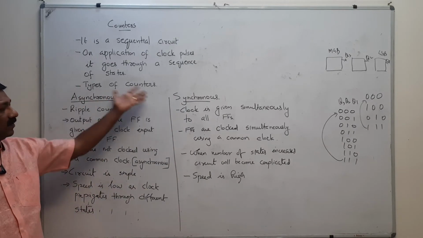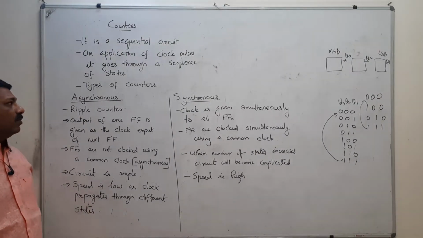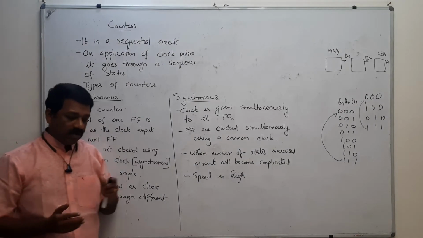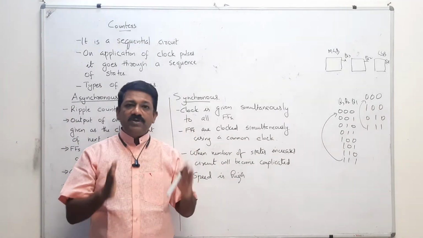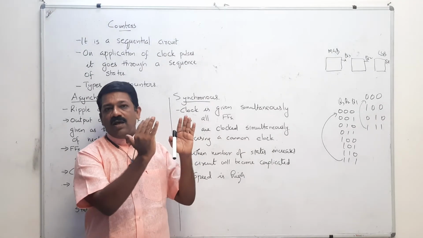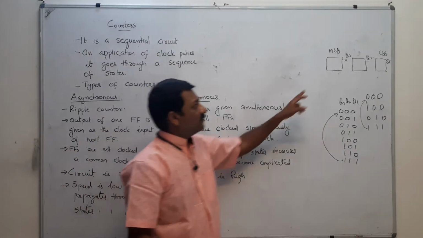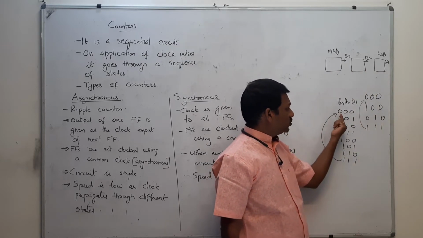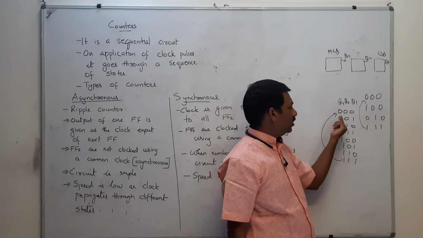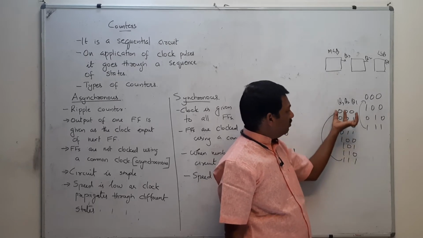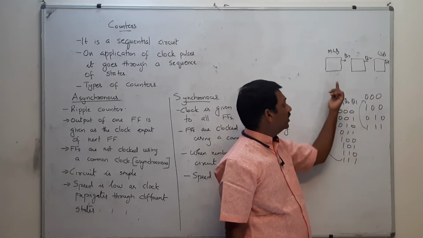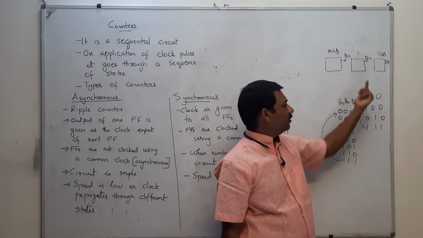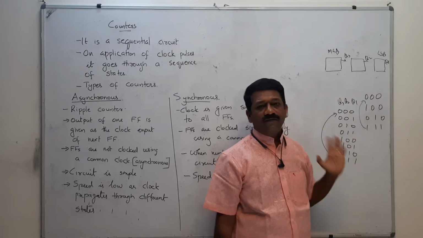And initially here we have a number of types of counters, asynchronous as well as synchronous counters. Asynchronous counter means for storing each bit of information you need a flip flop, and suppose that you have 3 flip flops. For storing Q3, the most significant bit, you need a flip flop, and for storing this bit you need another flip flop, and for storing this bit you need another flip flop.